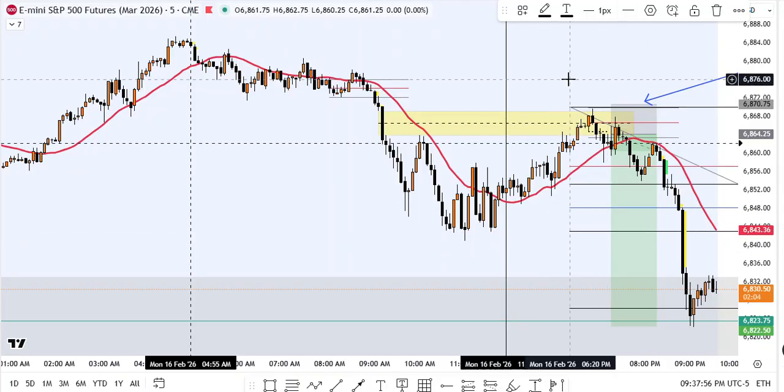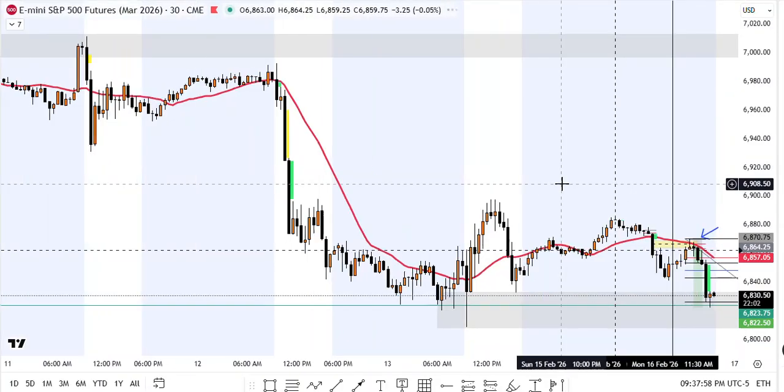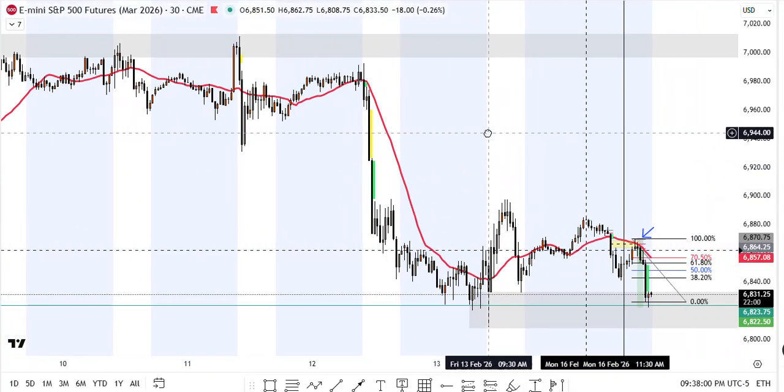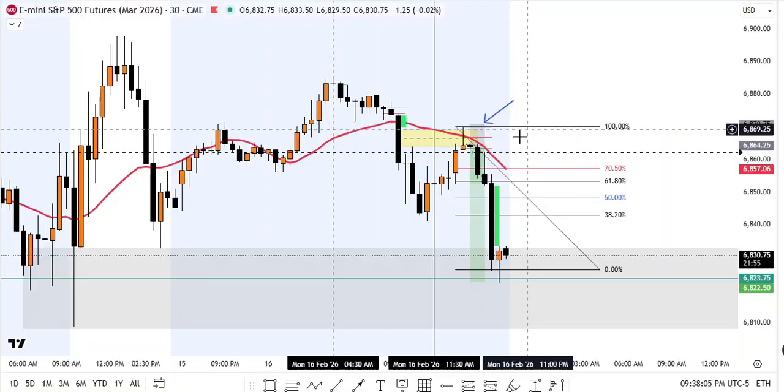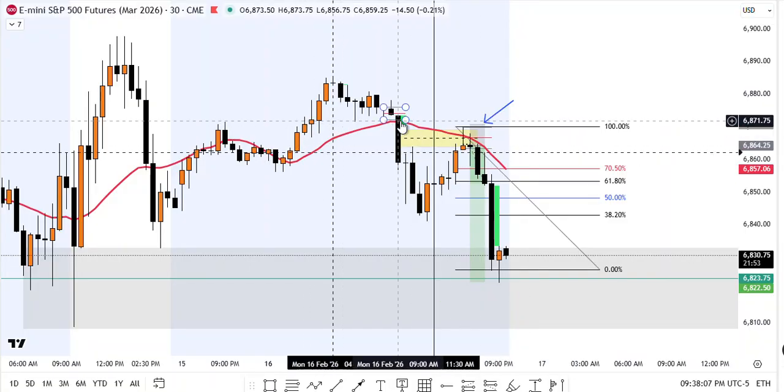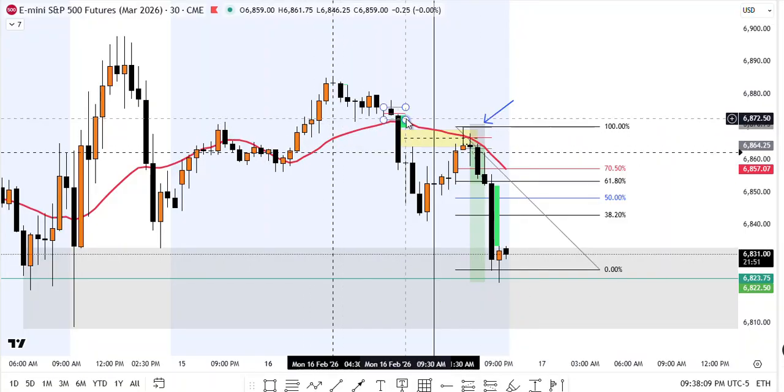Let's make this a solid line. Now, if I go to the 30 minutes, right? The 30 minutes was bullish. It's very, very bullish. But there was a misalignment with price. So price was running down, but the trend was bullish.